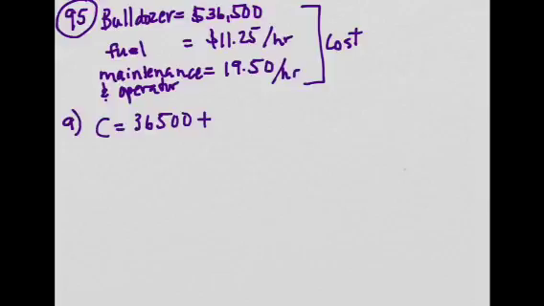So total cost per hour, if I add these together, is actually $30.75. So $30.75 per hour for every T. So that's your total cost.